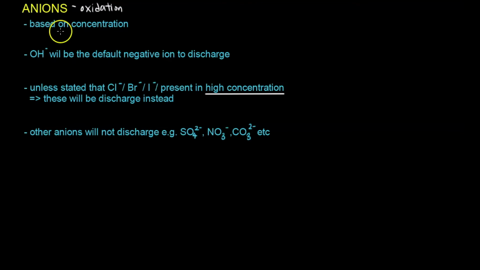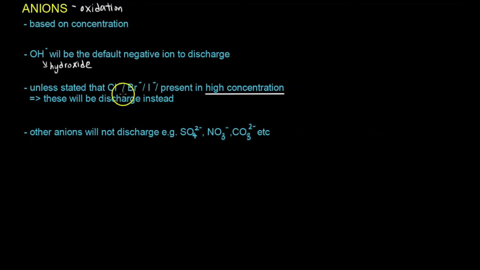It's very simple. OH- will be the default negative ion to discharge. This is the hydroxide ion. No matter what, you will always put hydroxide ion as the default ion to be discharged first, unless the only other way is to discharge Cl-, Br-, and I-.